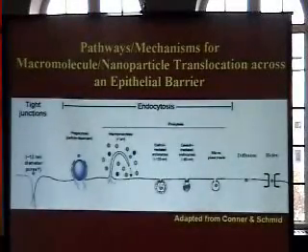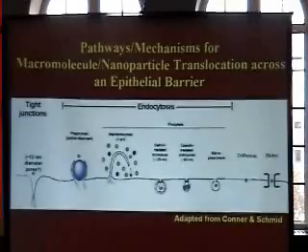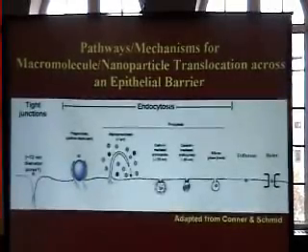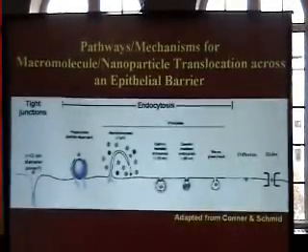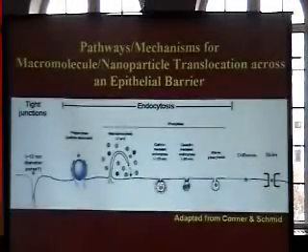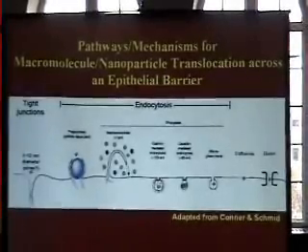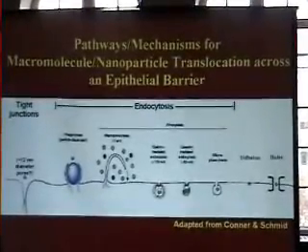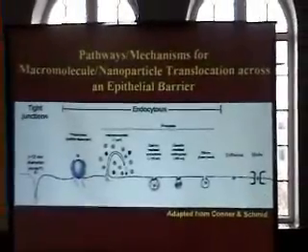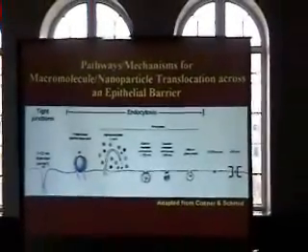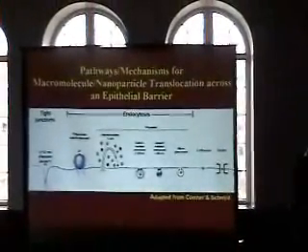It's possible that the nanoparticles go through the cell-cell junction paracellularly. It's possible that they use known endocytic pathways for transport, or that these particles somehow dissolve in the plasma membrane, or make a so-called hole, and go through the cell membrane.